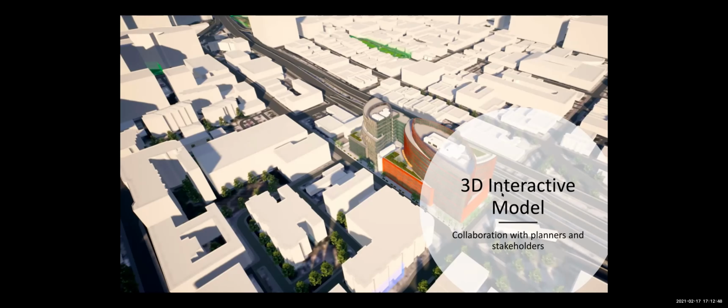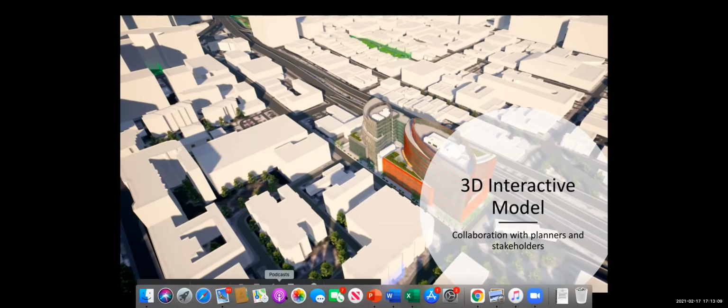So we decided to build an interactive digital twin of San Francisco where we can show our clients the projects we've done in San Francisco and the opportunities that we can give them if they work with us.